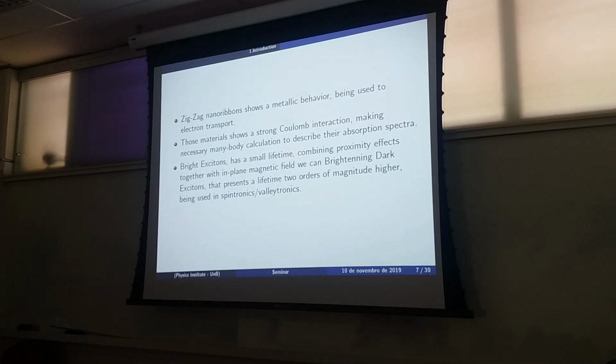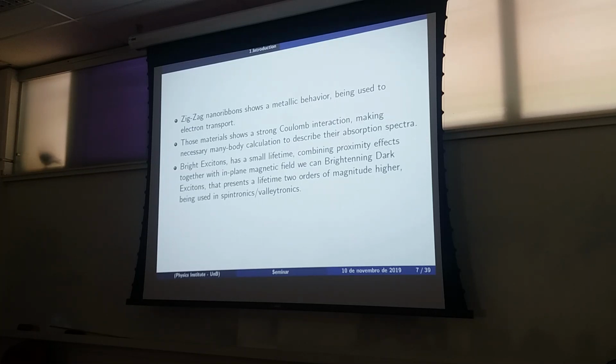And another thing that's important, when we calculate excitons, that are the coupling of electron and hole in the material, we have excitons that emit light, bright excitons, and excitons that don't emit light, dark excitons.